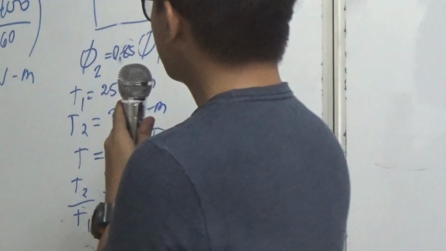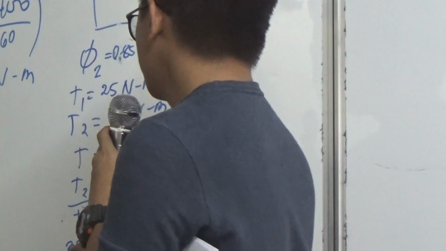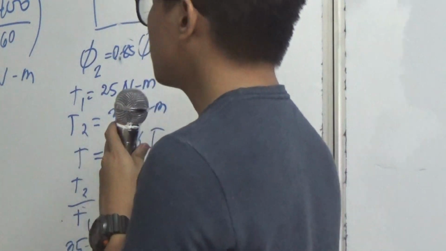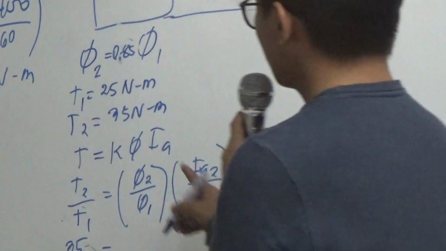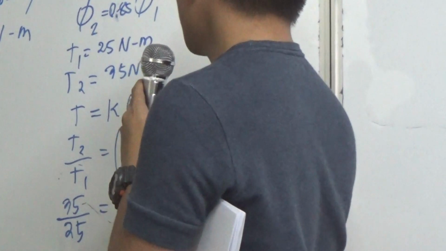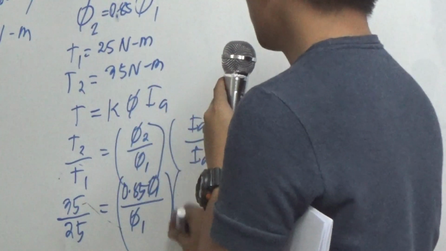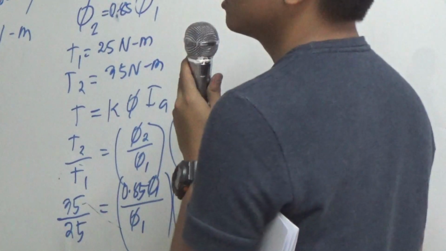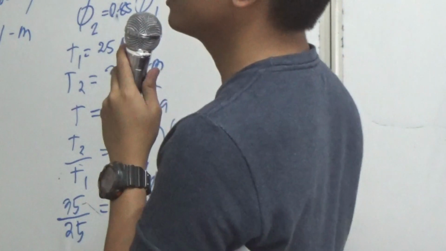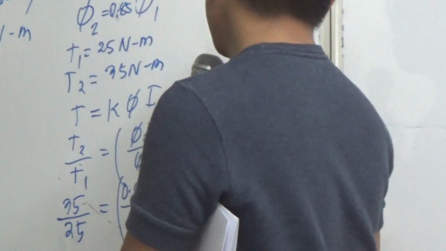So, torque 2 is 35 divided by 25, torque 1 kasi is 25. Equal siya sa flux 2, yung flux 2 natin is 0.85 of flux 1 divided by flux 1. Then, yung current mo sa armature, IA2 over IA1. May IA bang given? IA1 mo is 16 amperes, IA2 yung hinahanap natin.